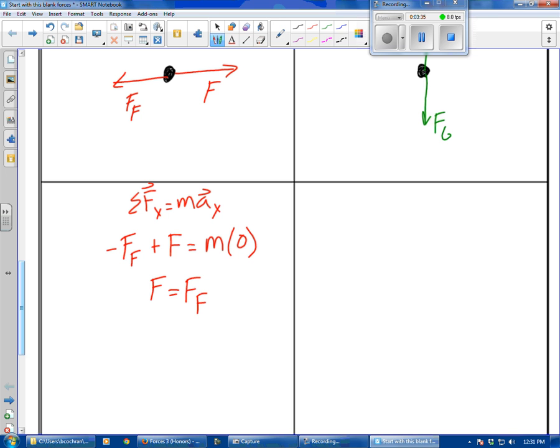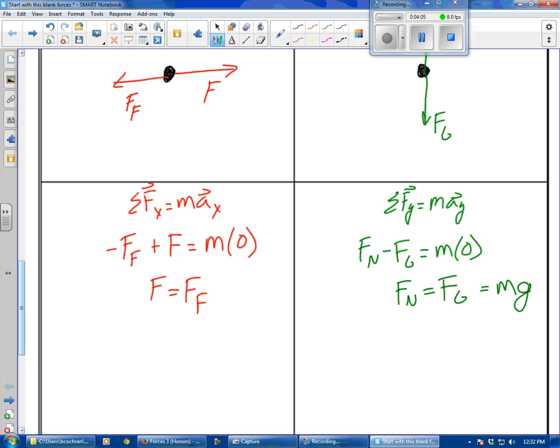And then on this side, you get force normal minus F sub G equals M times 0. So you get the normal force equals the weight, which of course can also be written as mg for my equation sheet.